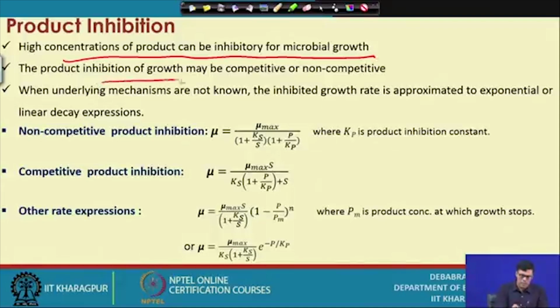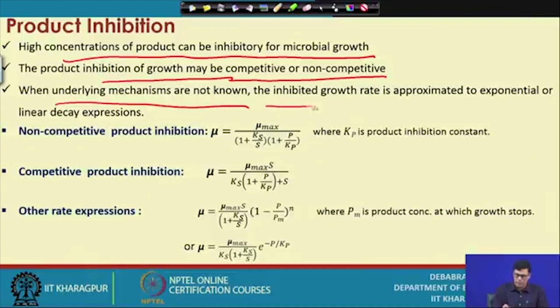The product inhibition of growth may be competitive or non-competitive, and when the underlying mechanisms are known, the inhibited growth rate is approximated by exponential and linear decay expressions. So that we can have three different types.